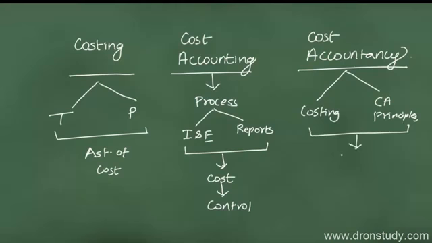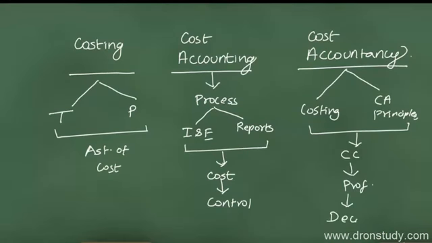So it's basically for cost control, and it is also for ascertaining the profitability. So when you say cost accountancy, we also include presentation of information derived from them for facilitating managerial decision making. So the focus of cost accountancy is presenting the information derived from costing data which would facilitate decision making.